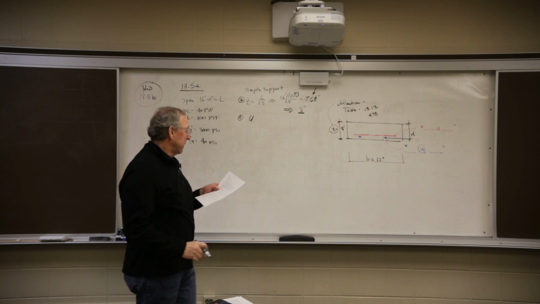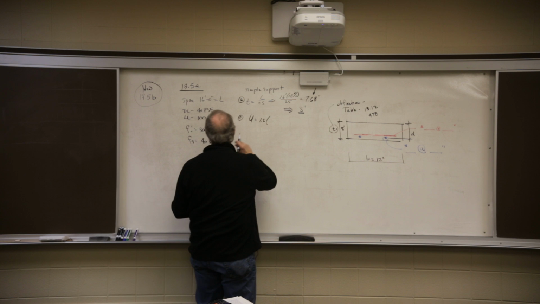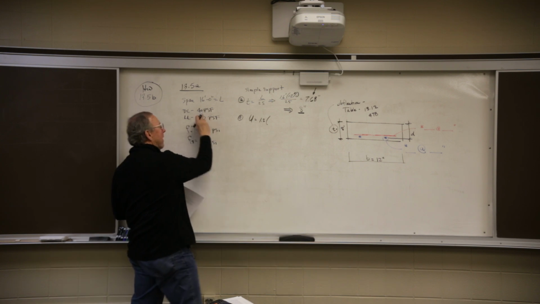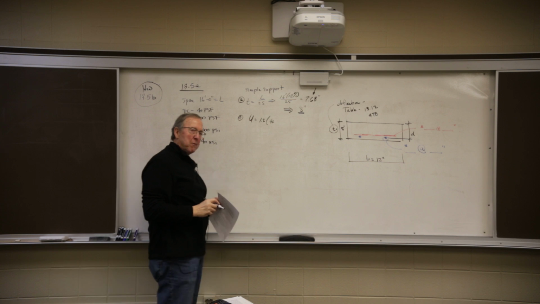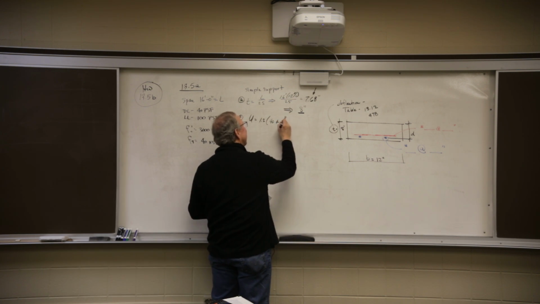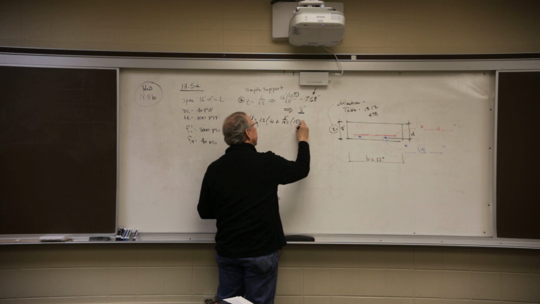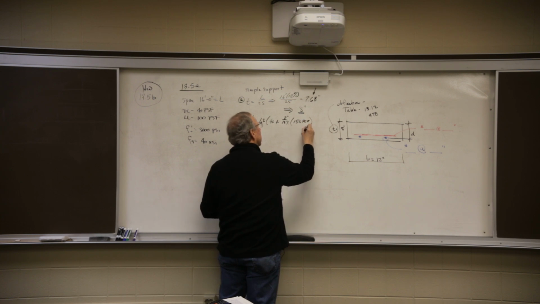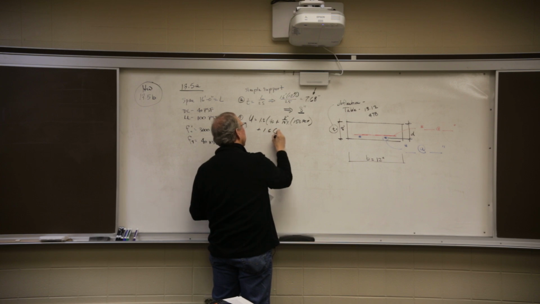Okay, so I'm going to take 1.2 times the dead, 40. And part of the dead, of course, is the slab weight. So I've got an 8-inch slab, change it to feet, multiply it by the unit weight of concrete, and I'm going to add to that 1.6 times live.